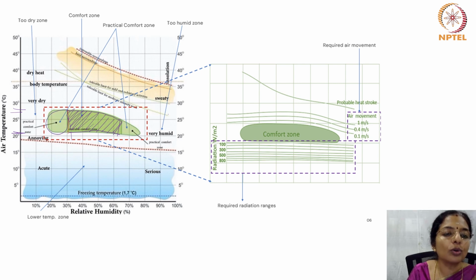These two zones fall under practical comfort zone. Now, if the conditions of the room are beyond this, somewhere here, then somebody would feel too humid. So it's a very humid zone.